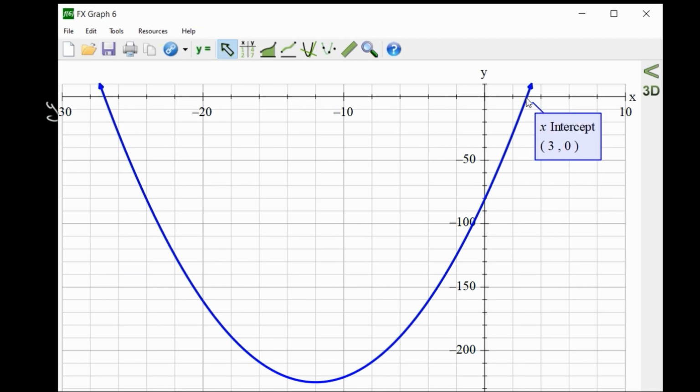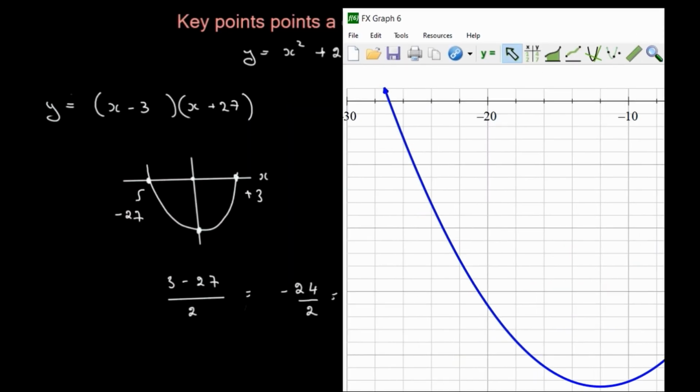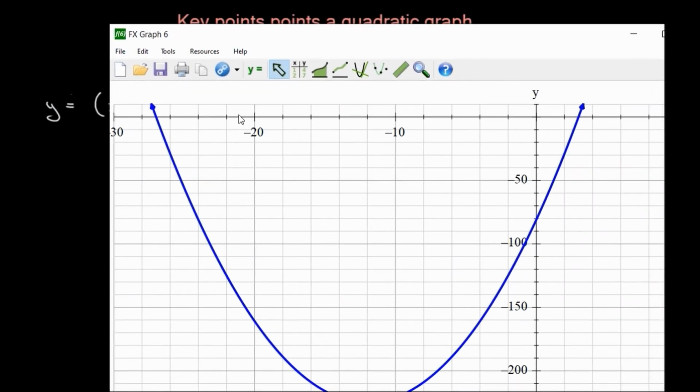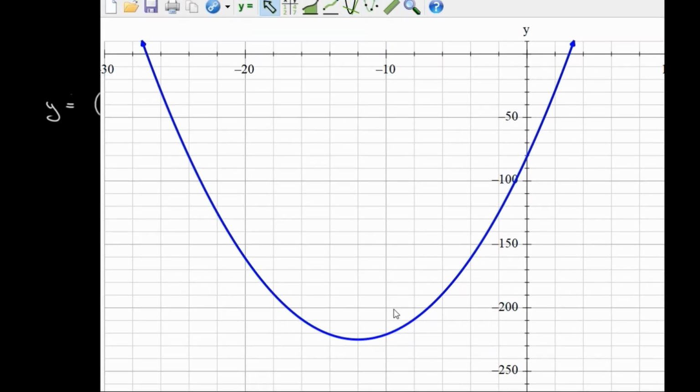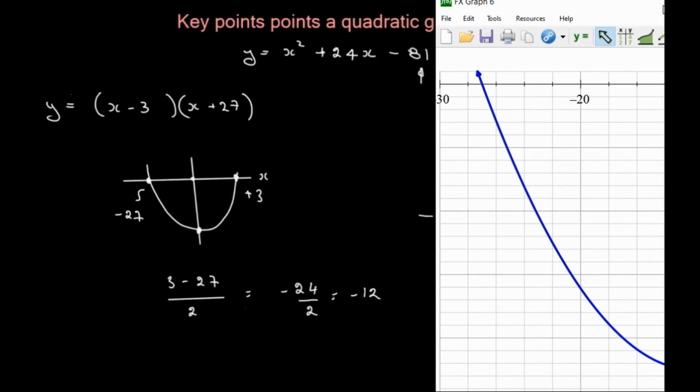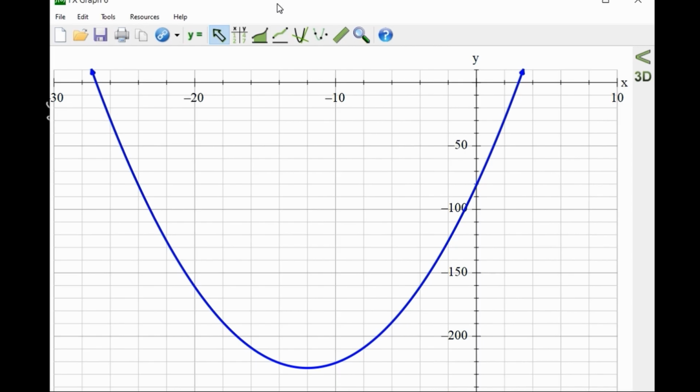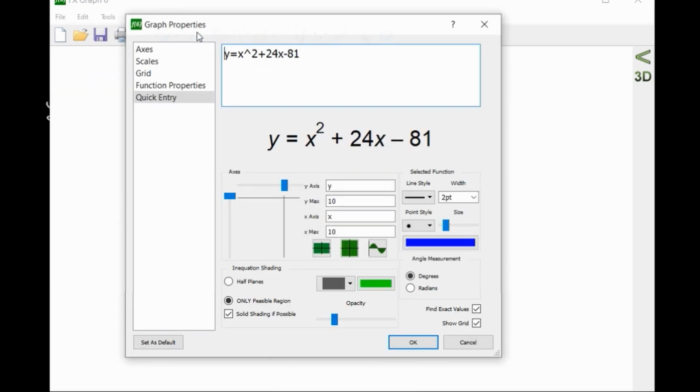We expected the other one to be minus 27. Is it minus 27? Yes, there you go. Now the vertex, the point where it changes its slope, is somewhere around about there, and I said that was minus 12.